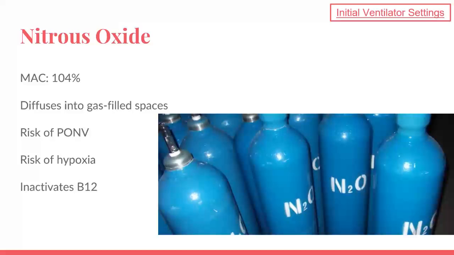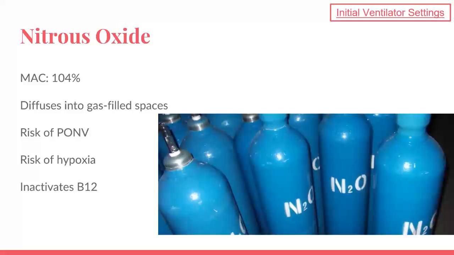Another crucial aspect of its poor solubility in blood is that if we stop administering nitrous oxide through our anesthesia machine, it will diffuse so quickly from the blood to the alveoli that it can cause so-called diffusion hypoxia. It will displace the oxygen that should be entering the bloodstream, causing hypoxia, even if the patient is breathing an oxygen mixture.